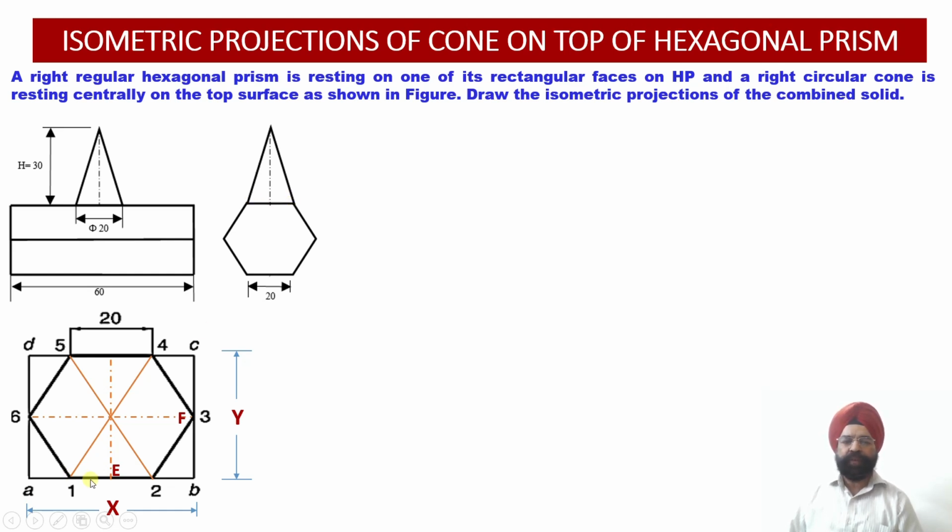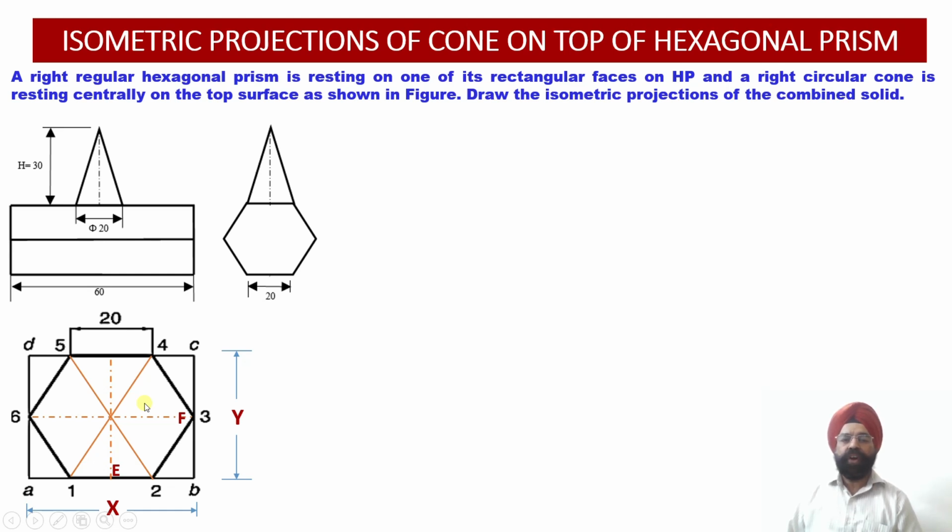Now once we have drawn this hexagon, we have marked all these 6 edges of the hexagon. After drawing this hexagon, we know that the angles will not be preserved in the isometric projections, and the shape of this hexagon will also not be preserved in the isometric projection.